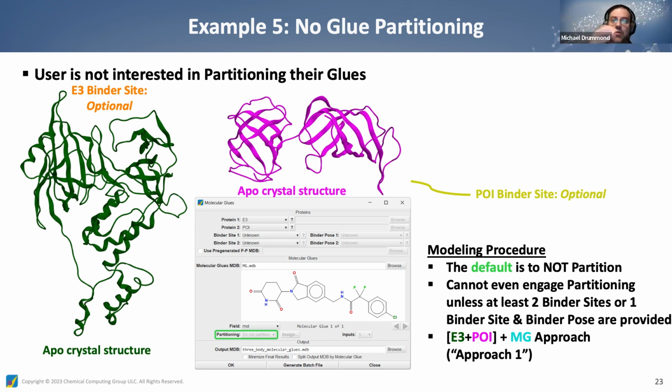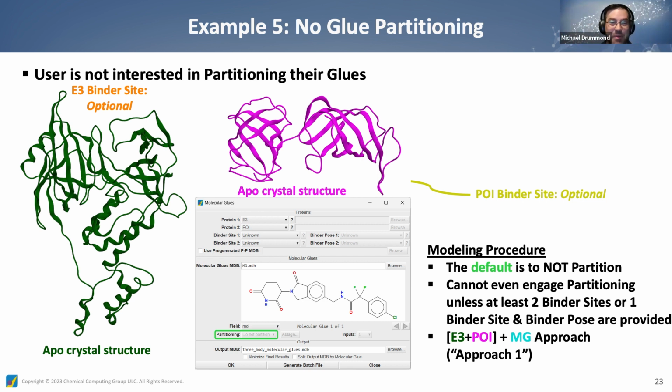So it really is the same panel. It's just as much information as you have and as much information you're confident in, you can pass it to the panel, and the panel will computationally generate the missing information to give you what it needs, or you can just use it simply, just do some apoprotein-protein docking and then add the glue in to streamline that procedure.